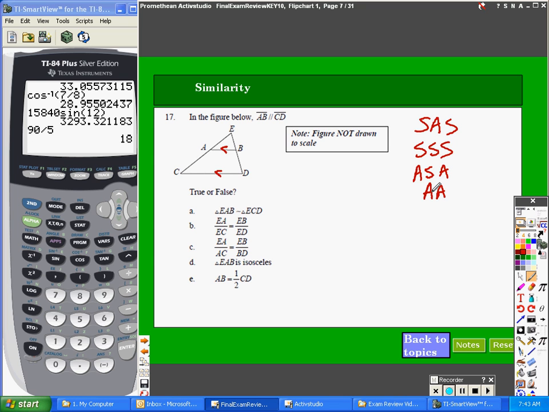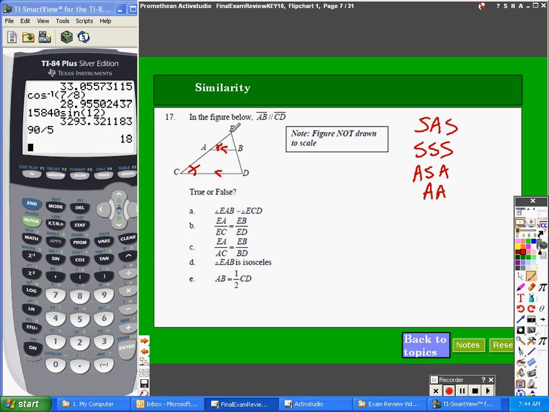We've got these parallel lines, AB and CD, which tells us that the corresponding angles between these are congruent. So angle EAB, this angle, is congruent to angle ECD. They're corresponding on these parallel lines because they're both on top of the line on the right hand side of this transversal that cuts it.